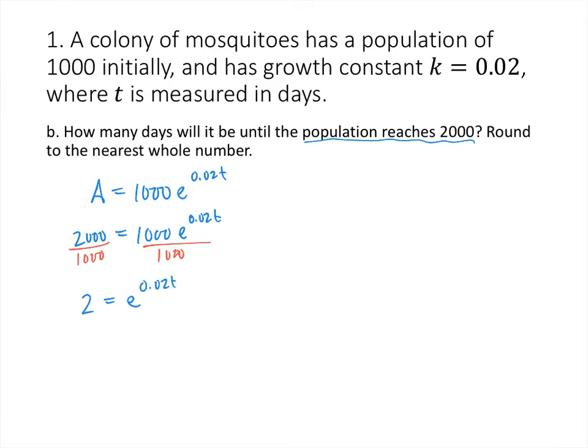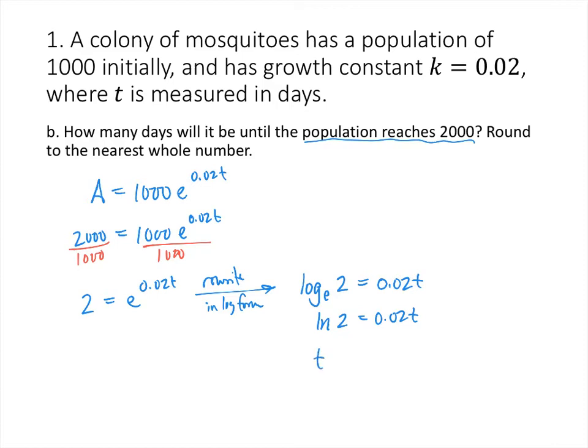Now we can rewrite this in log form. This is an exponential equation with base e, so we have the log base e of the result, which is 2, equals the exponent, which is 0.02t. Remember that log base e is better written as ln, so this is just ln of 2 equals 0.02t. I didn't do any operations there, I just used the notation ln.